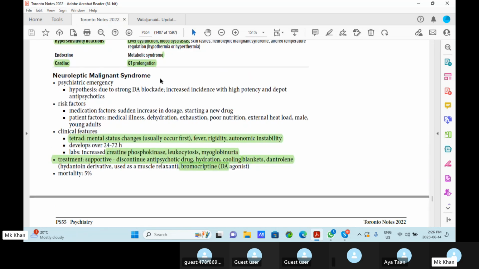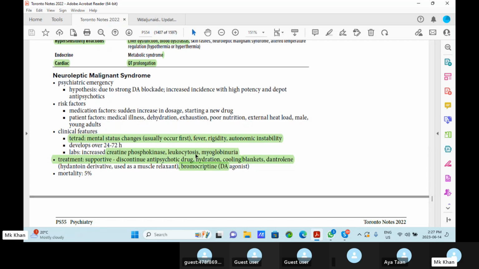So for neuroleptic malignant syndrome, usually in the case they are giving a patient who was discharged from the hospital, or maybe he's been taking an antipsychotic for a long time, and then he just developed fever and all the clinical features like rigidity.